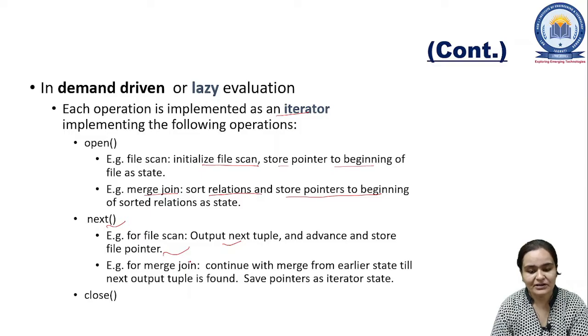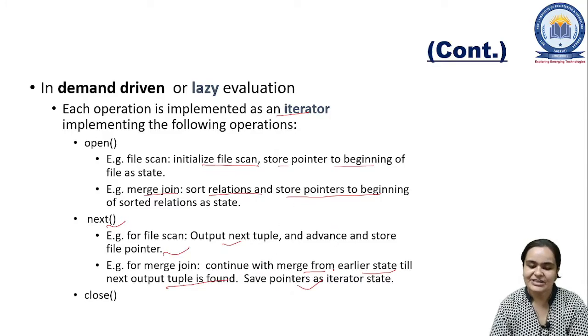Similarly, the merge join continues with the merge from the earlier state till the next output tuple is found, and it also saves the pointers as iterator state. And then you can close it.